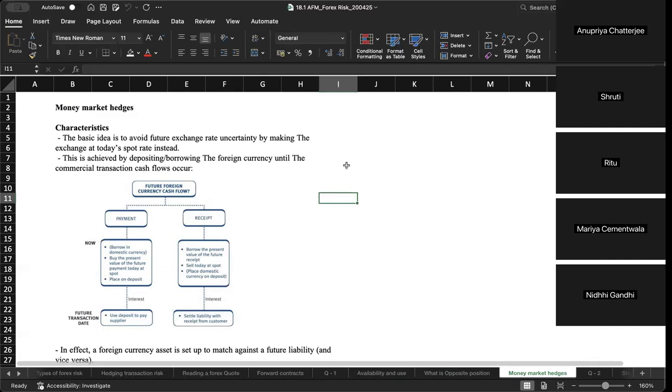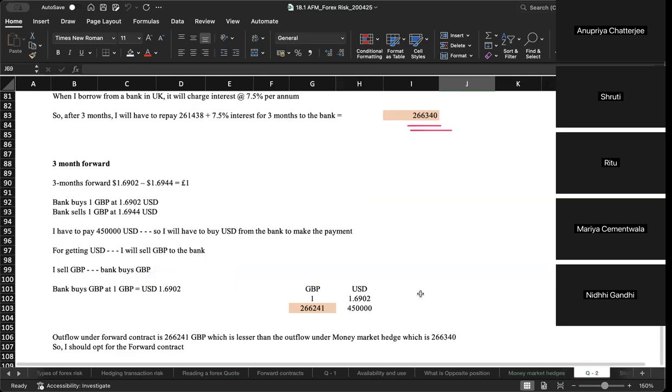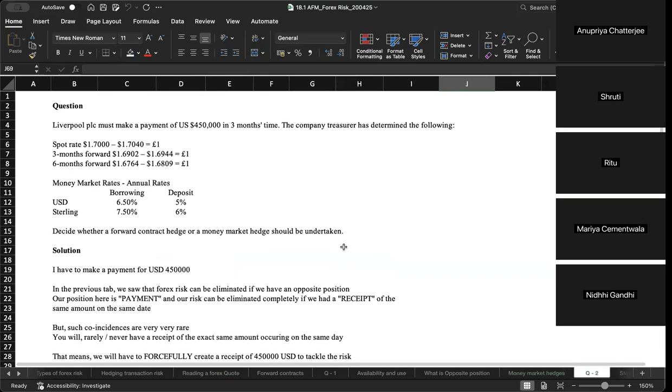It is the market for short-term instruments. Okay, so instruments like certificates of deposit, commercial paper, all of these come under the category of money market instruments. Okay, now if you are using these money market instruments in order to hedge a position, that instrument is known as the money market hedge.